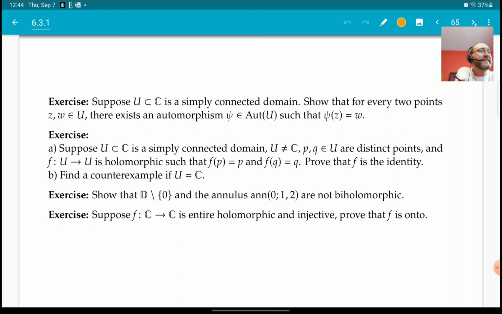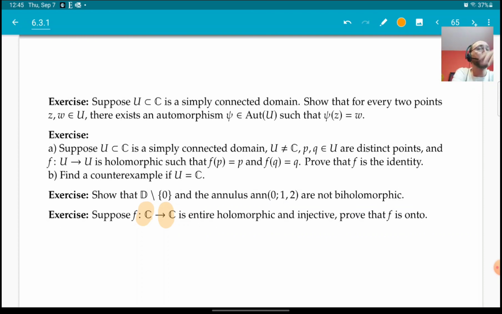This is an interesting application of the Riemann mapping theorem, because at first you might wonder where the Riemann mapping theorem comes in, since I'm talking about functions on all of C. But you can prove that if you have an entire holomorphic function which is injective, then F is onto. And the proof does use the Riemann mapping theorem. So that's a nice exercise.